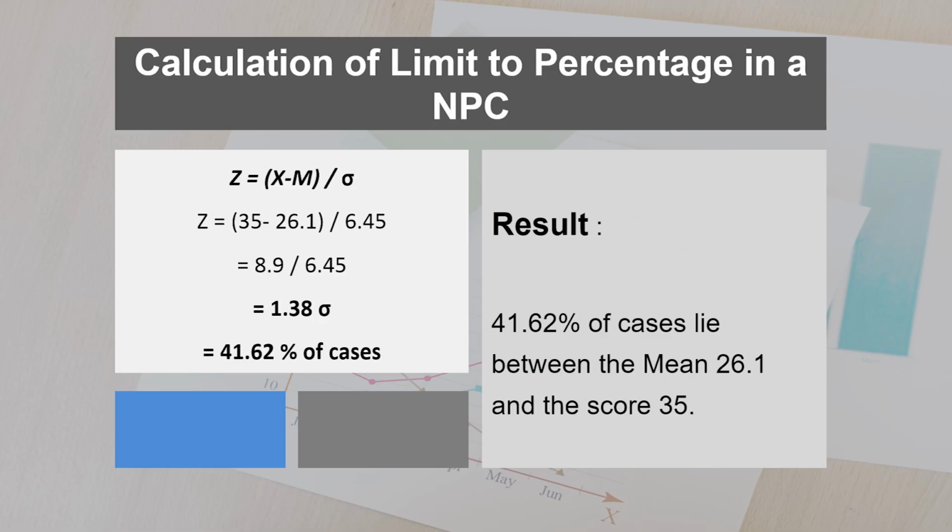So that's why here two limits had been given, one is 26.1 and the other is 35. We just calculated the percentage of the cases that lie between the limits, and the percentage of cases is here 41.62. So this is the application where some limits are given and you have to find out the percentage.